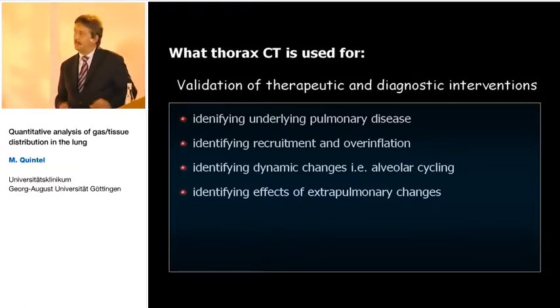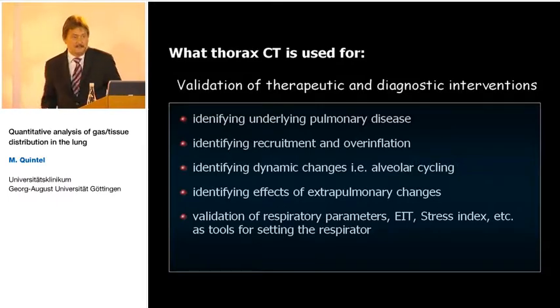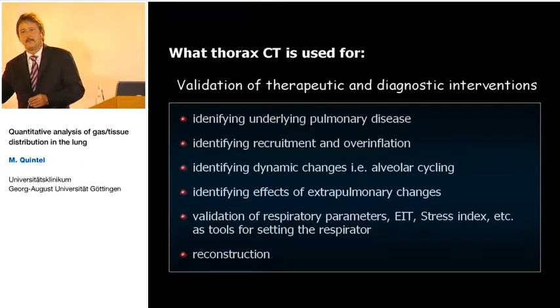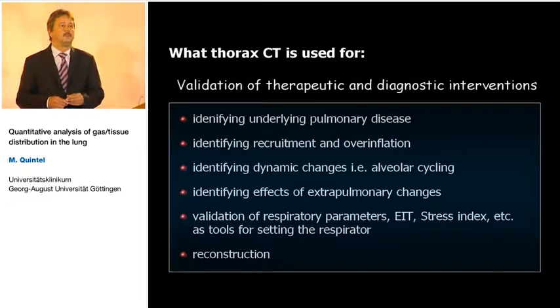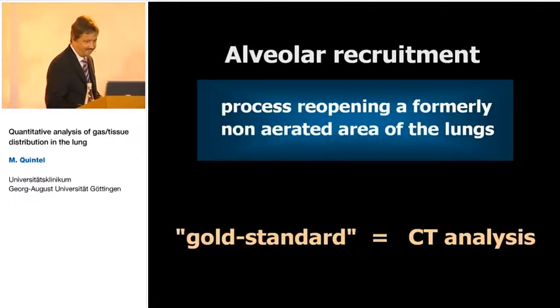I will give you an example for that later on. And it's used for the validation of respiratory parameters, of EIT, electrical impedance tomography, stress index, and as a tool for setting the respirator. And as I have shown you with the diaphragm, it can also be used to reconstruct part of the lungs or even the diaphragm.